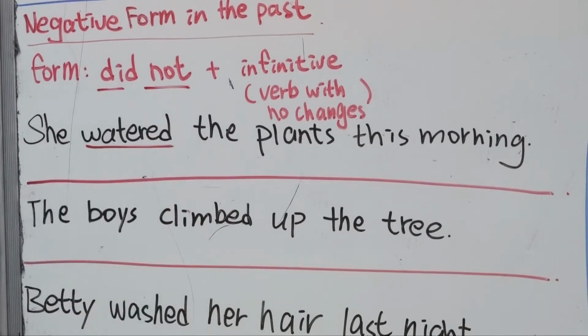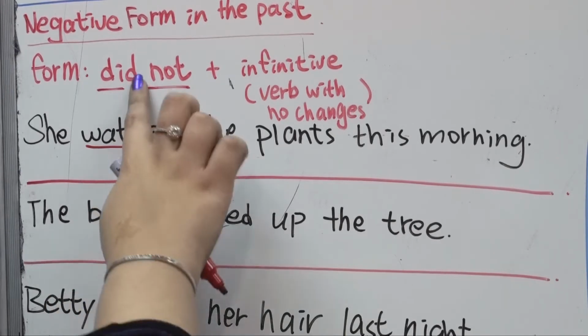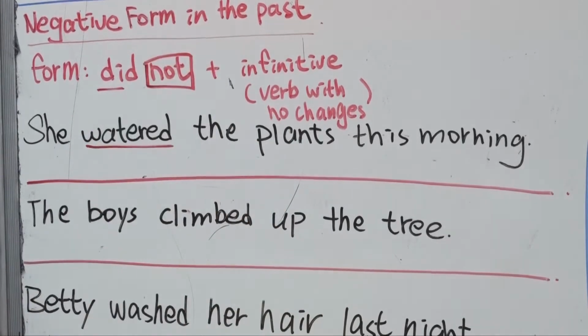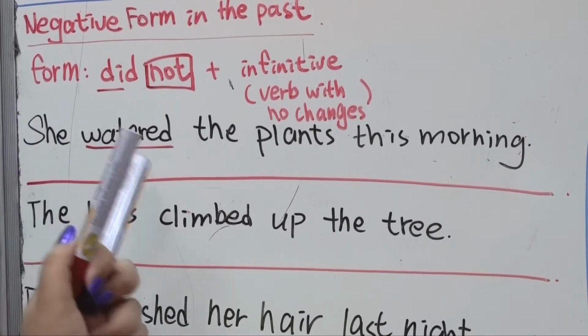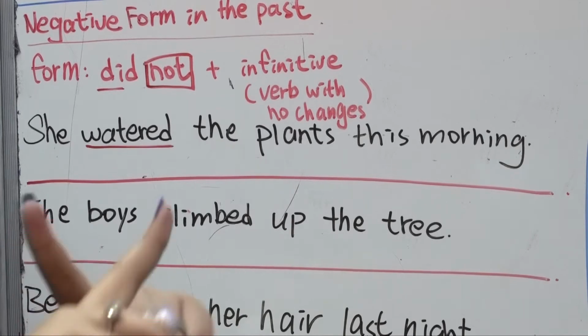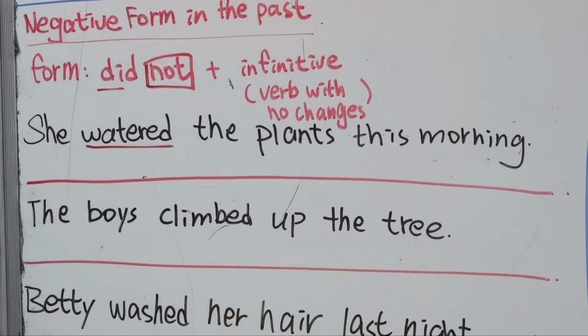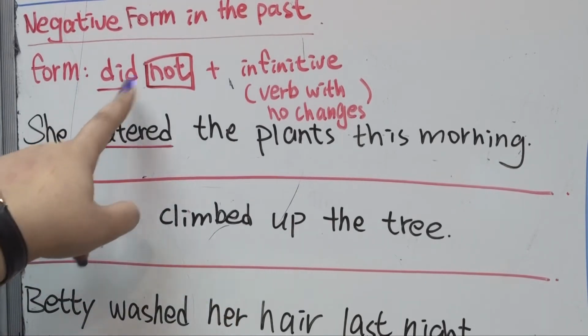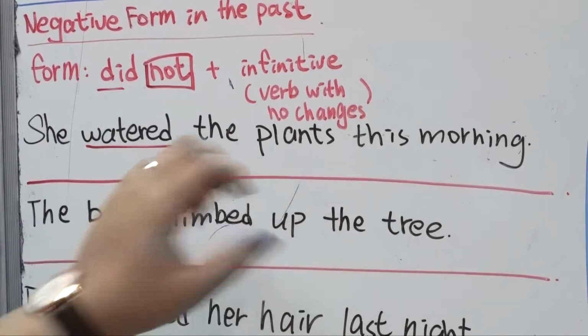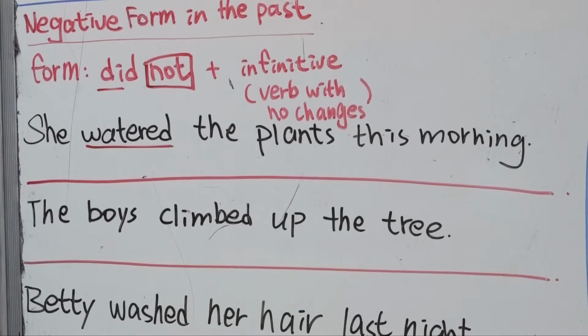But I want to make it a negative sentence. I want to add the negative word not in the sentence. How do I form it? Do I say she not watered the plants this morning? No. We have to add did not and the infinitive, right? To form this sentence into negative form.